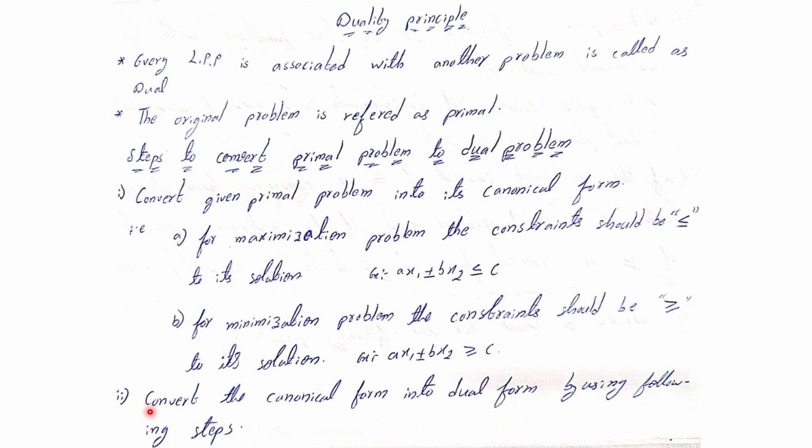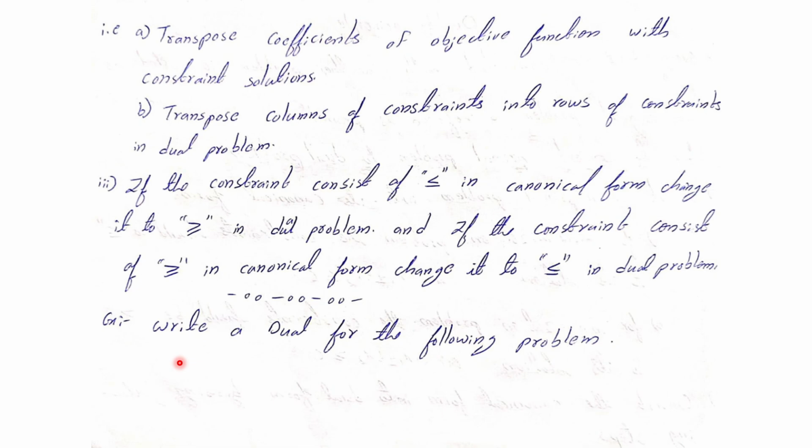The second step is to convert the canonical form into dual form using the following steps. For transforming the canonical form into dual form, first you have to transpose the coefficients of the objective function with the constraint solutions, and transpose the columns of constraints into rows of constraints in the dual problem.